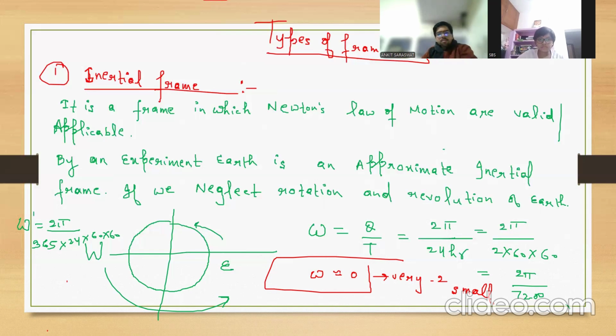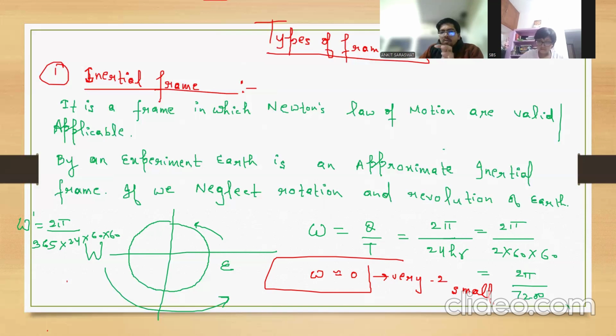Clear? So according to what Newton did, he told that with respect to Earth, if an object is accelerating, like a person standing on the ground, for example, you are in your room and looking outside at a moving train, that is an accelerating frame. Clear?